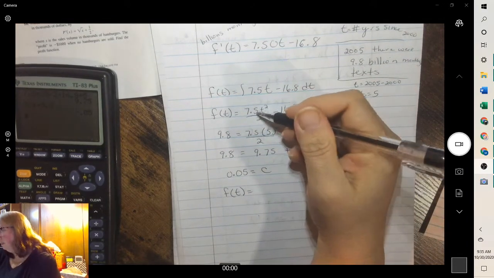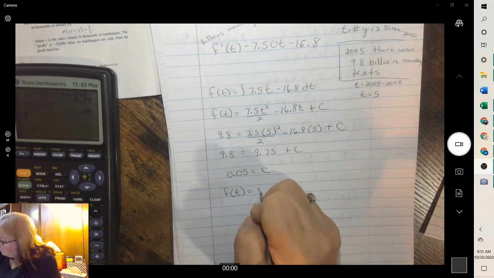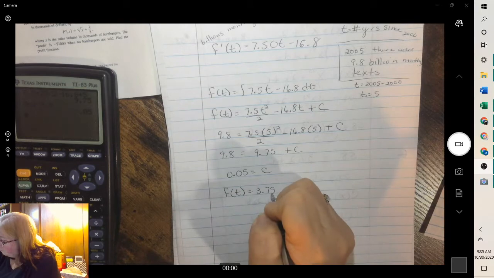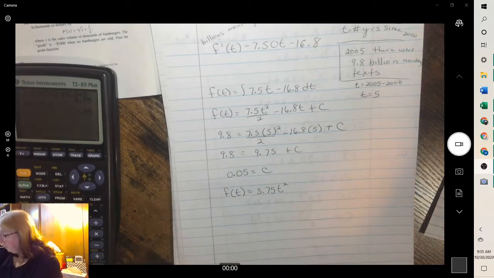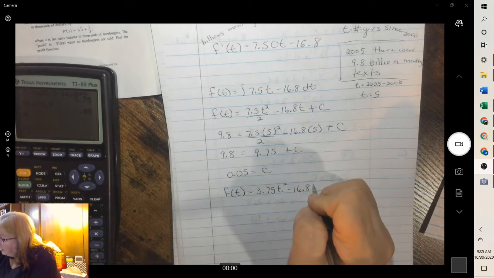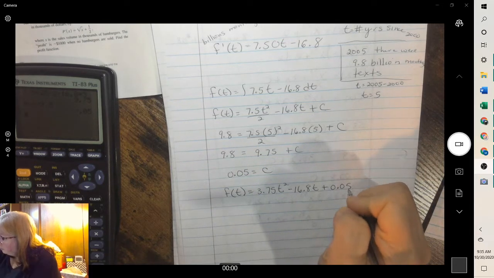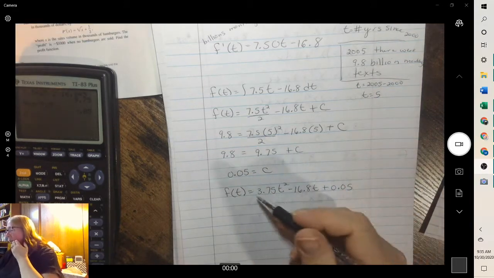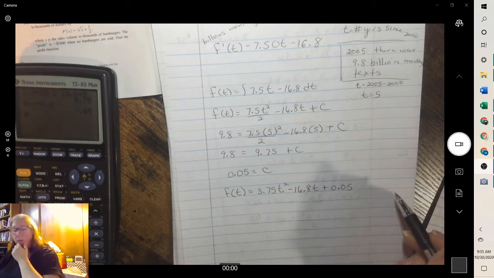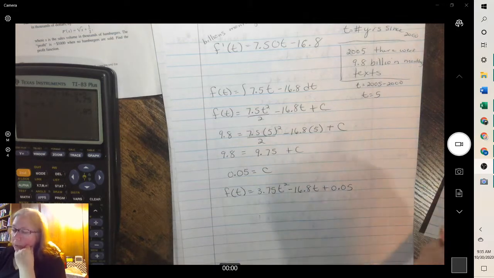I'm going to take the 7.5 and divide it by 2 and get 3.75 t squared minus 16.8t plus C. Now this one you wouldn't write as a fraction because everything's in decimals anyways. So that would be our function, which was part A.